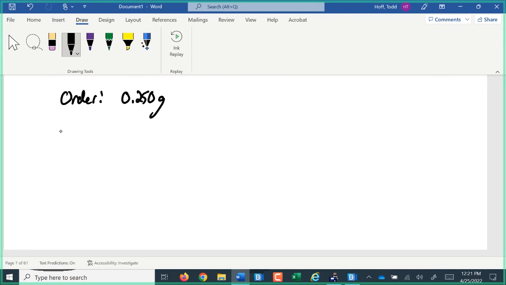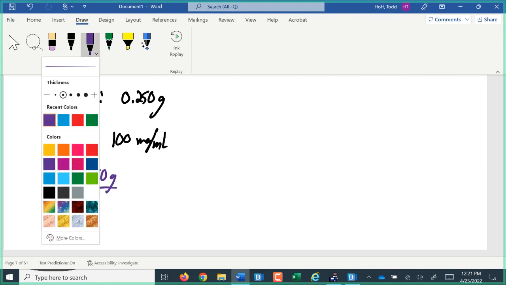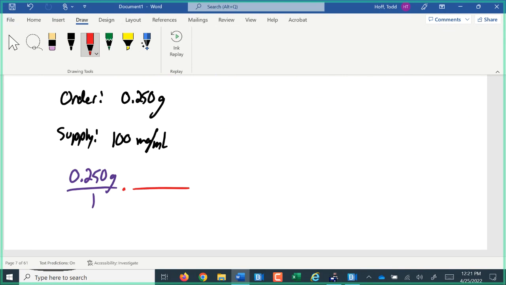If the supply is 100 milligrams per milliliter. How many milliliters? So we start off with our order here, 0.250 grams over 1. And the first thing we have to do, since this is in milligrams for our supply, we have to convert that.